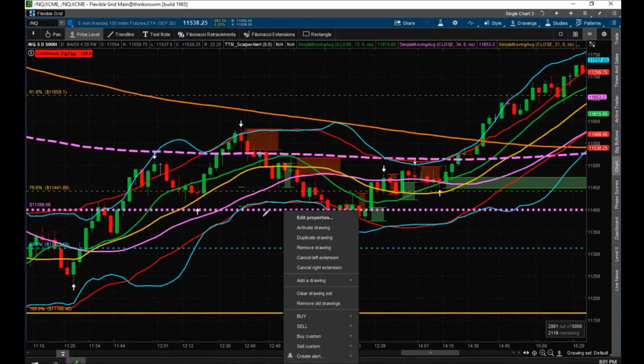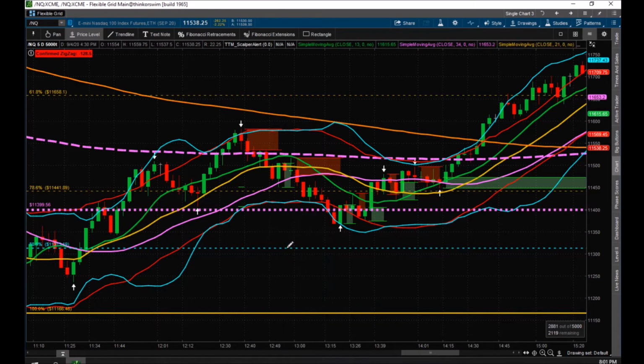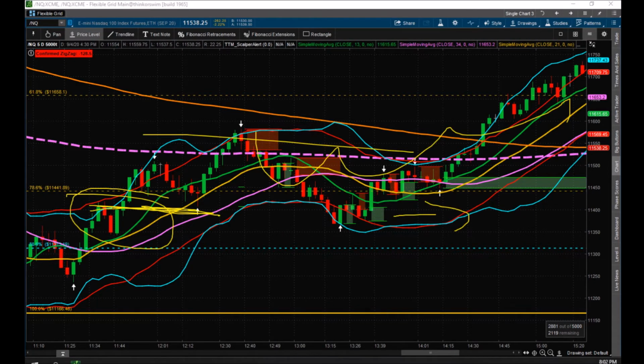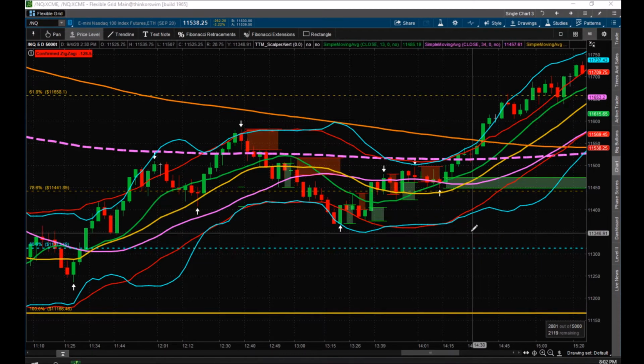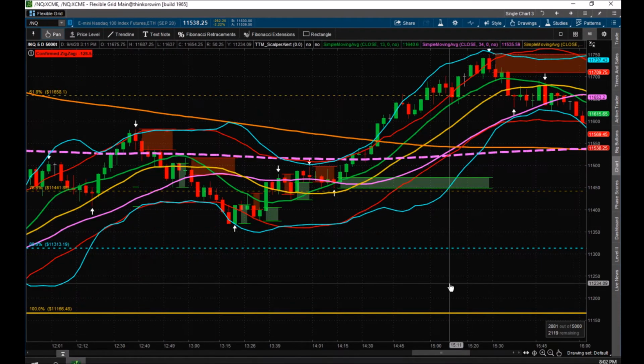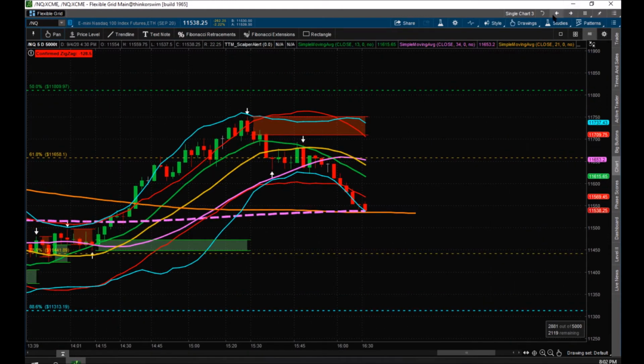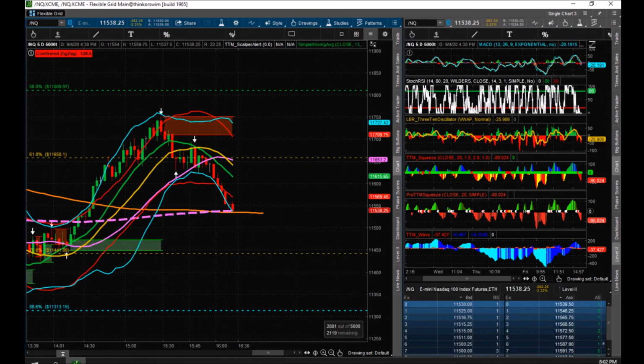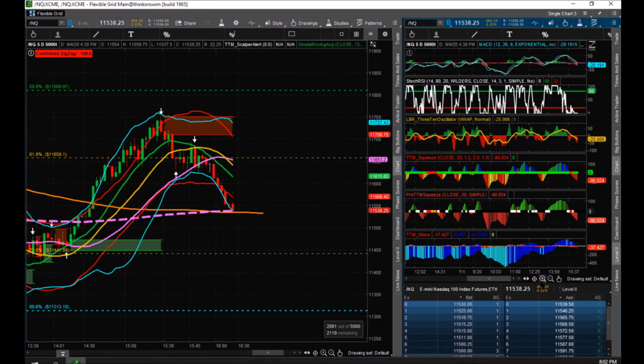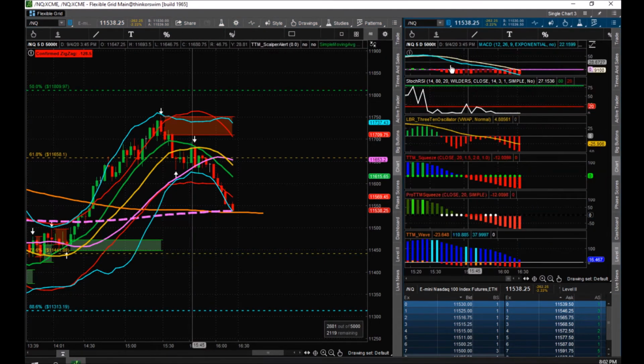Indicators are basically guides to help you see where the market might go. And over here on this side, these are confirmation also.